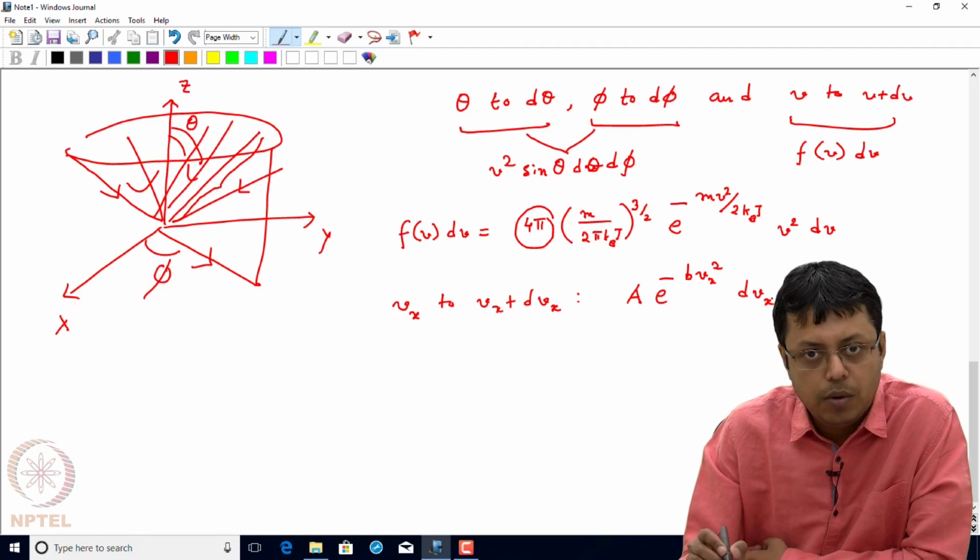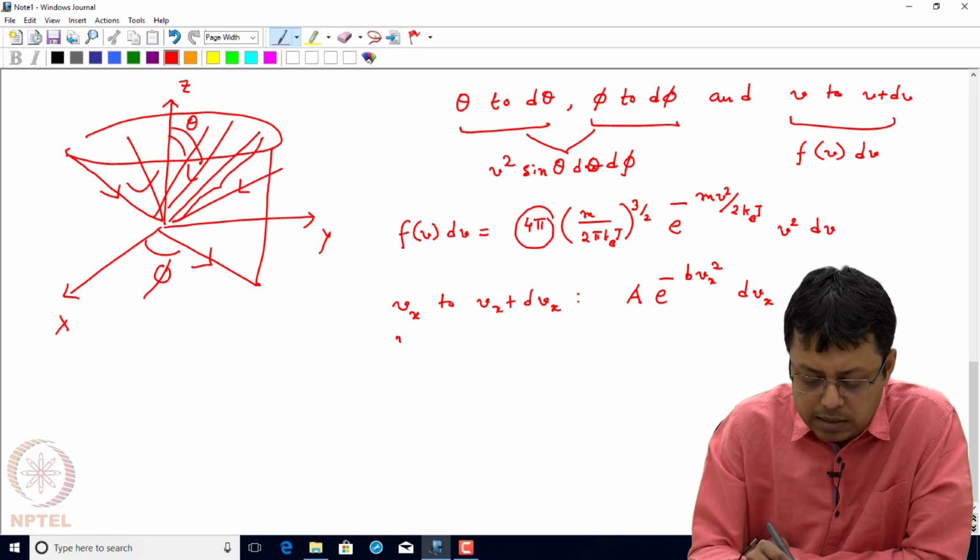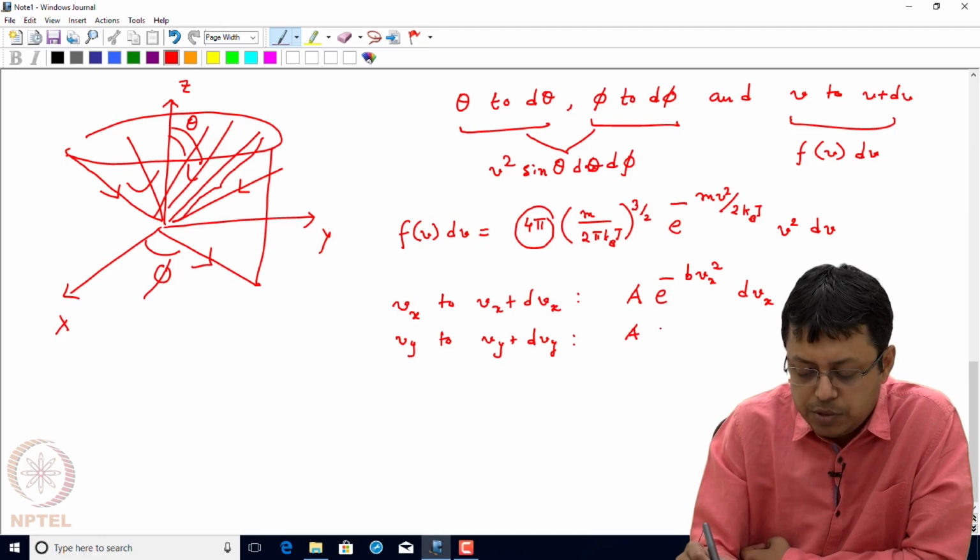So then what one does is that we consider the isotropic nature of the gas molecules, and then we say that the y distribution will also be something like this, and similarly for the z distribution also.